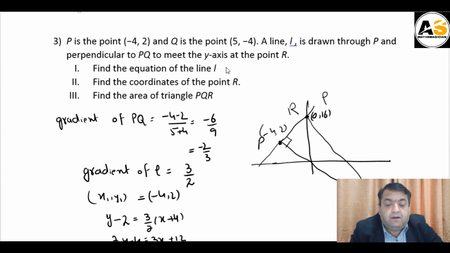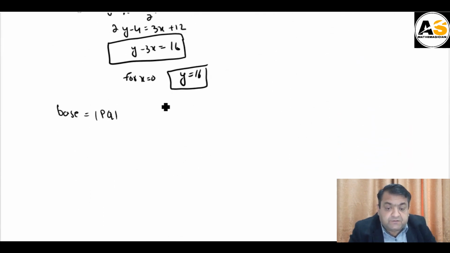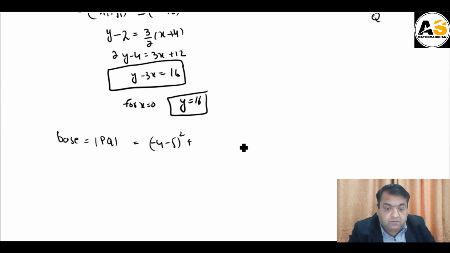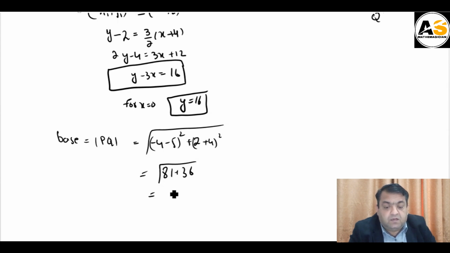This will be minus 4 minus 5 squared plus 2 plus 4 squared, and its square root. This will be 81 plus 36 square root, and 117 square root.